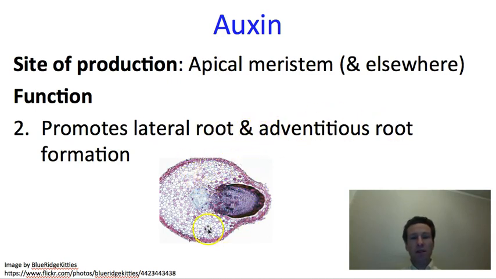So this is a cross-section of a root, and we looked at probably this very picture back when we talked about root anatomy. We said that new roots form by lateral roots growing out and eventually bursting through and becoming their own root. It turns out that this process is accelerated by the presence of auxin, and if auxin is taken away, then the process stops.